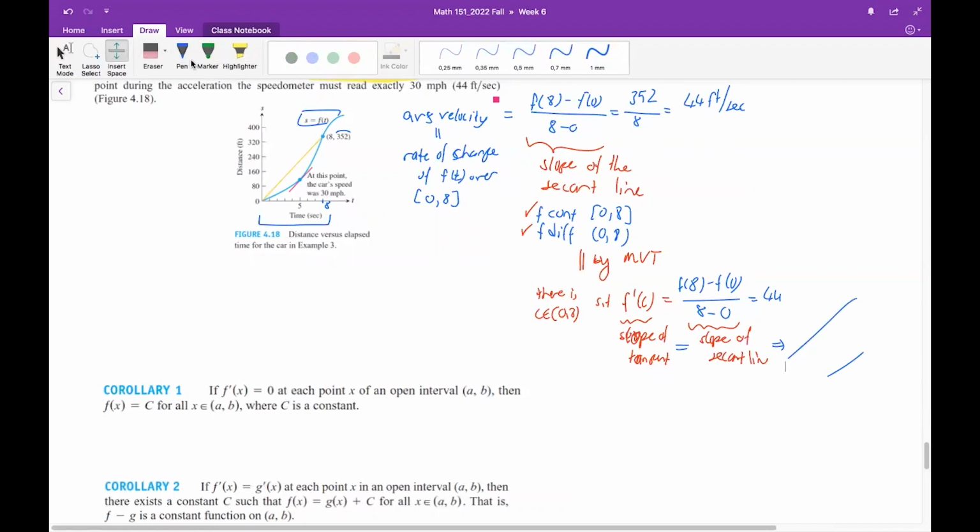So let me use another color for the second line, like that. So this is our tangent, this is our second line. The second line is also called the chord from A to B.